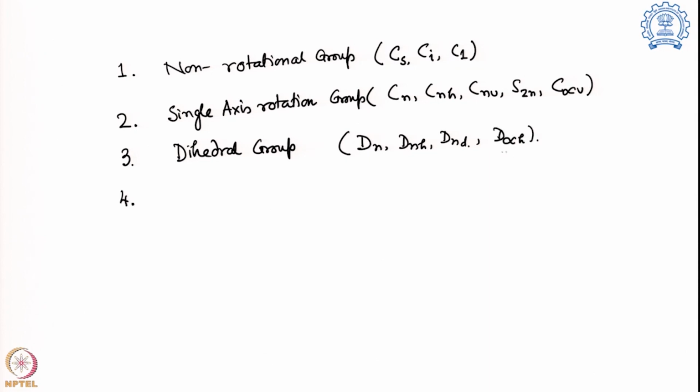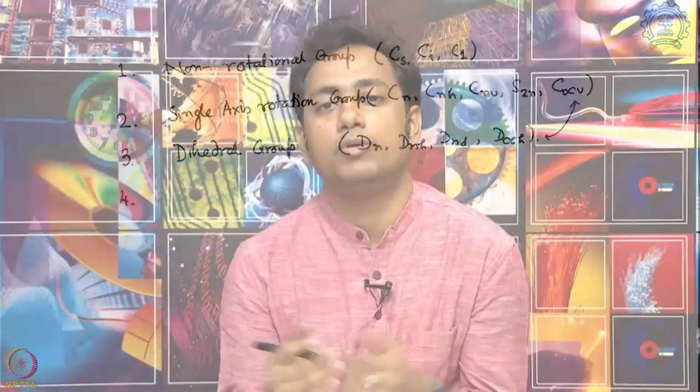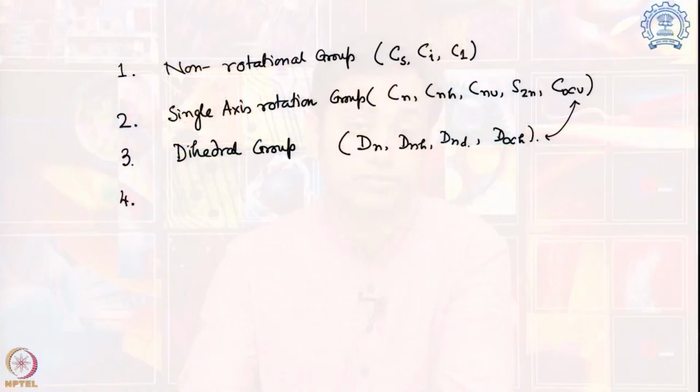D infinity h again is for the linear molecule. The difference between C infinity v and D infinity h is whether you have a center of symmetry or not, whether the linear molecule's both sides are the same or not. If it is the same, it belongs to D infinity h, it has a center of symmetry. If it is not, then it does not have a center of symmetry, it belongs to C infinity v point group.